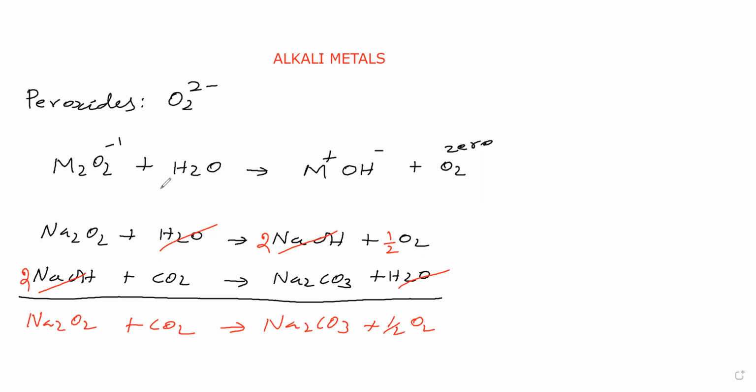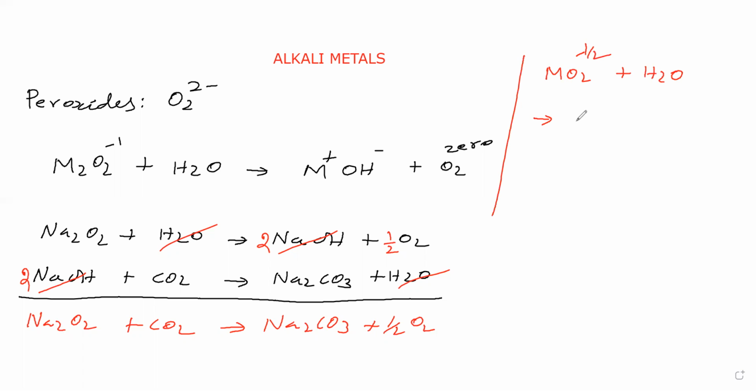Then how the reaction takes place when superoxide is dissolved in water, that we'll see. Now we will take alkali metal superoxide and dissolve it in water. The oxidation number here is -1/2.